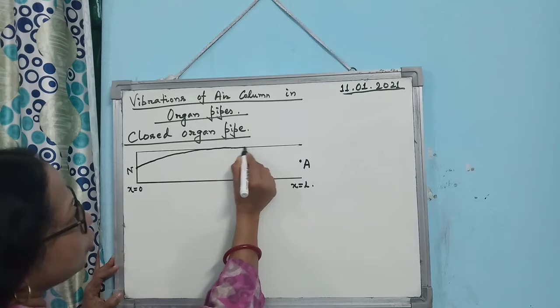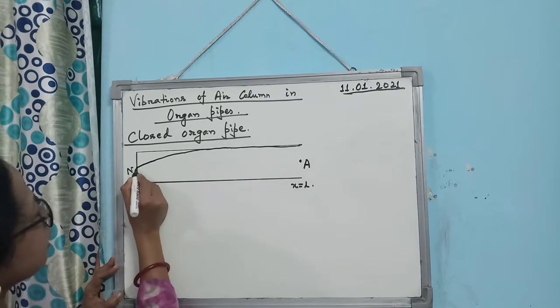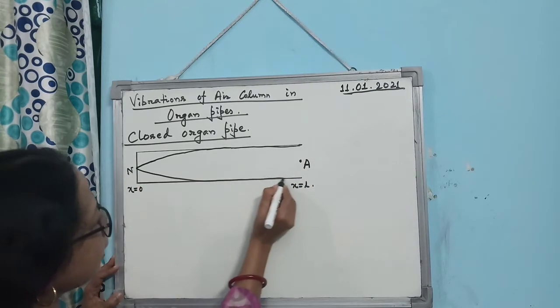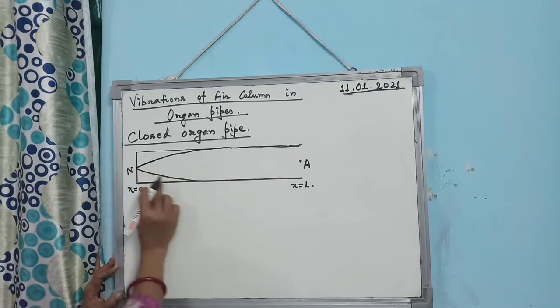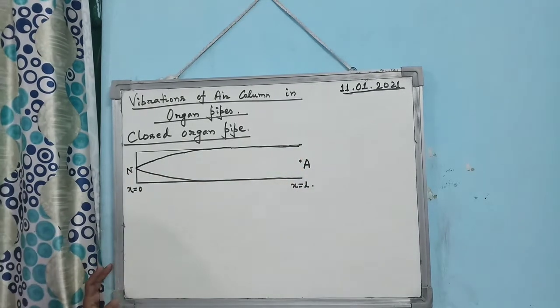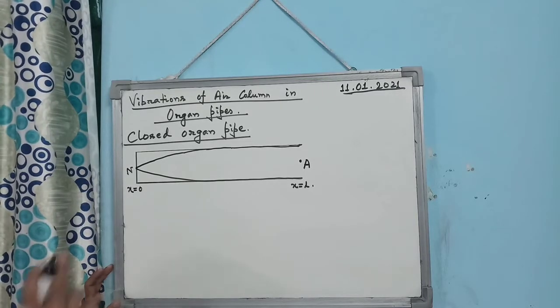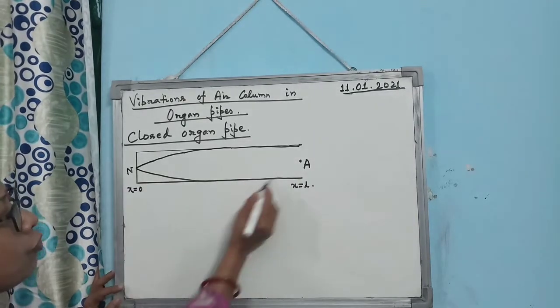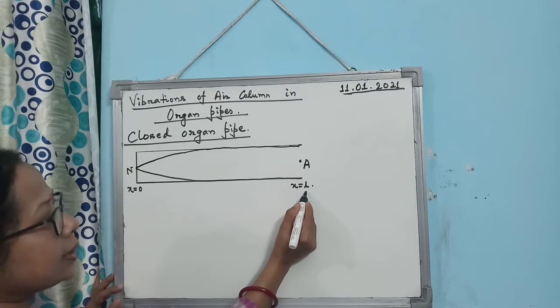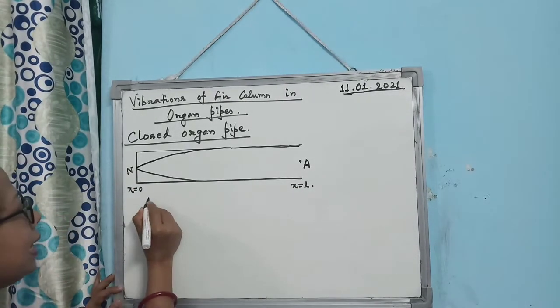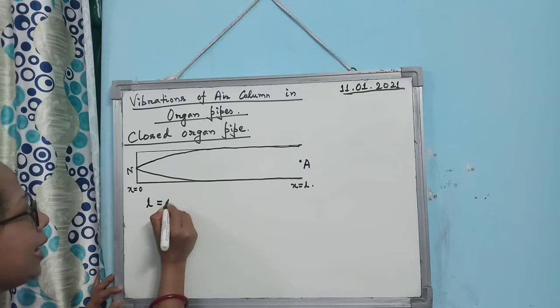So you see, if you have a node here and an antinode here, the wave is moving like this. Is that clear? If this is the incident wave, then this is the reflected wave. If you consider that this length is L, as I have mentioned here, then L is equal to AN.